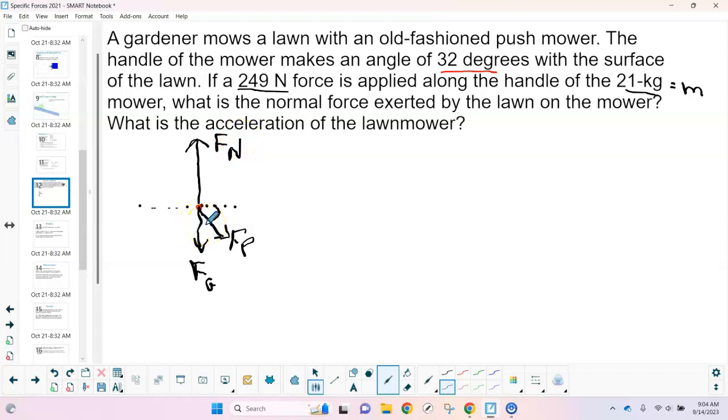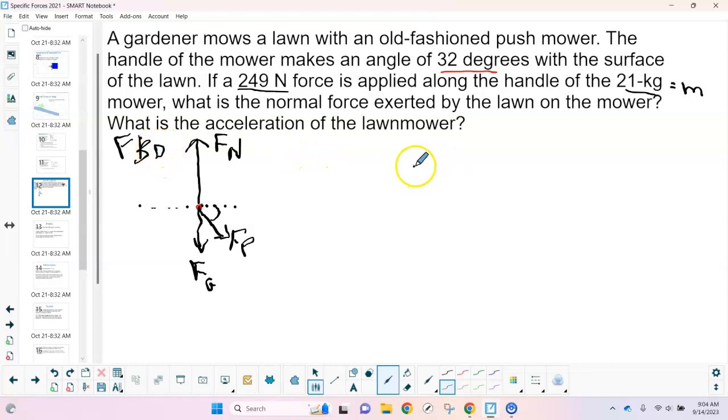Because if they were just balanced, that would be fine, but we're pushing down on the lawnmower too. So we're pushing down and to the right. So the normal force is going to have to kind of cancel out both the forces going down. So step one, this is our free body diagram. We did that in other videos too, so hopefully that's starting to make sense. So free body diagram, excuse me.